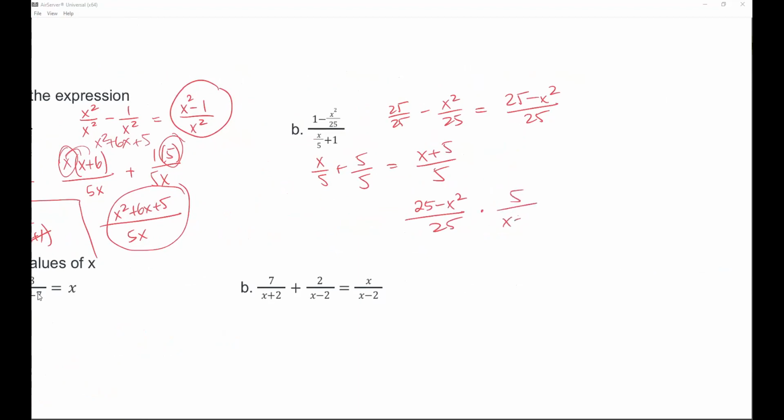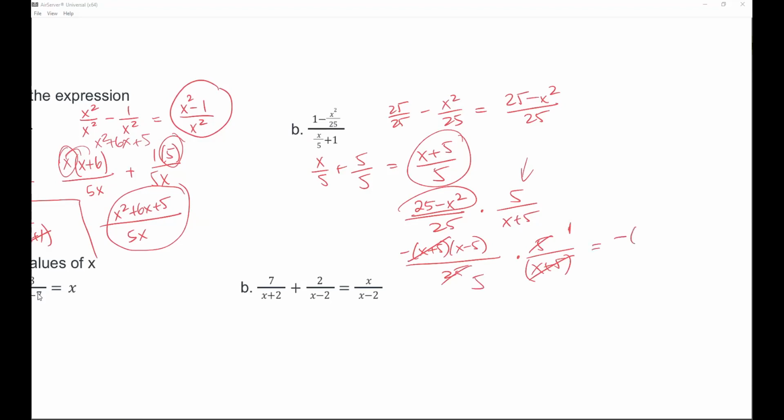Because I'm multiplying by the reciprocal. I'm flipping it over. This is equal to negative x plus 5, x minus 5. You factor it out over 25 times 5 over x plus 5. And the reason why I did that is so that I could cancel the x plus 5s here. I cancel the 5 and the 25. So it equals negative x minus 5 all over 5.